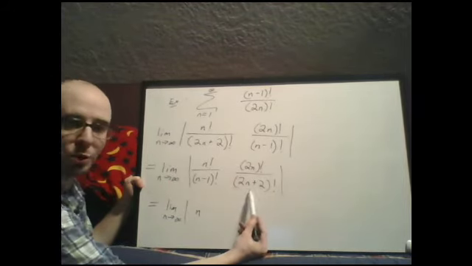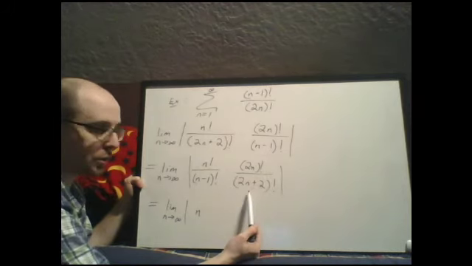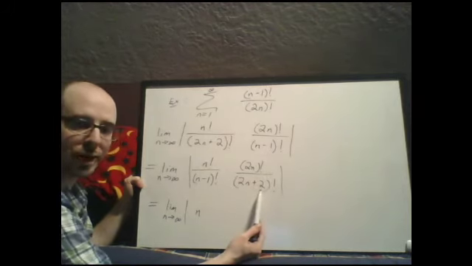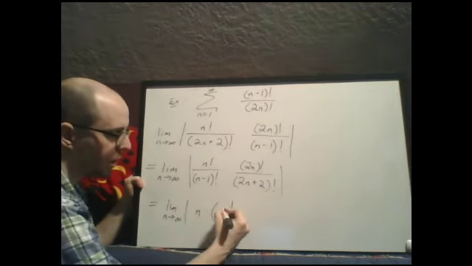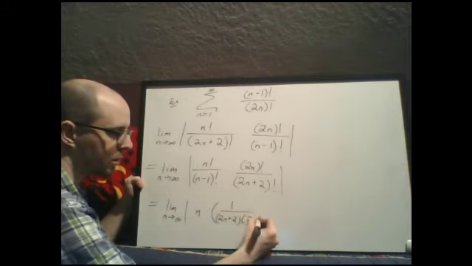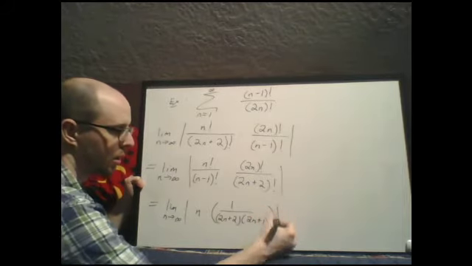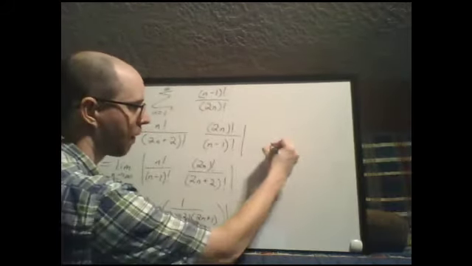Here, 2n plus 2 is bigger than 2n, so it has extra factors, but now it has 2 extra factors because it has the plus 2. So I'm going to have 1 over 2n plus 2 times 2n plus 1. Let me continue up here.